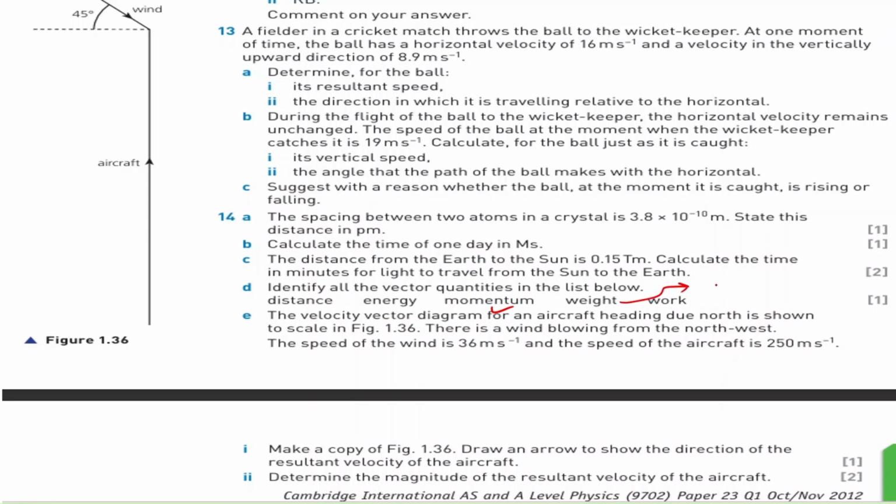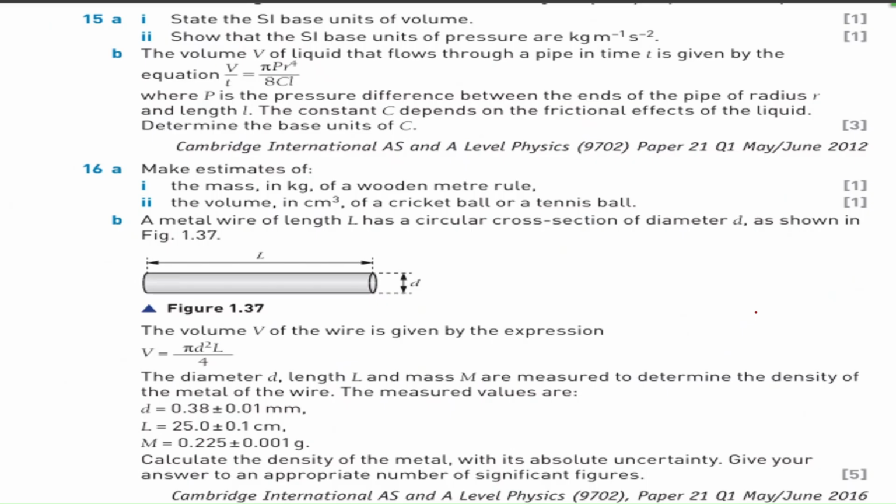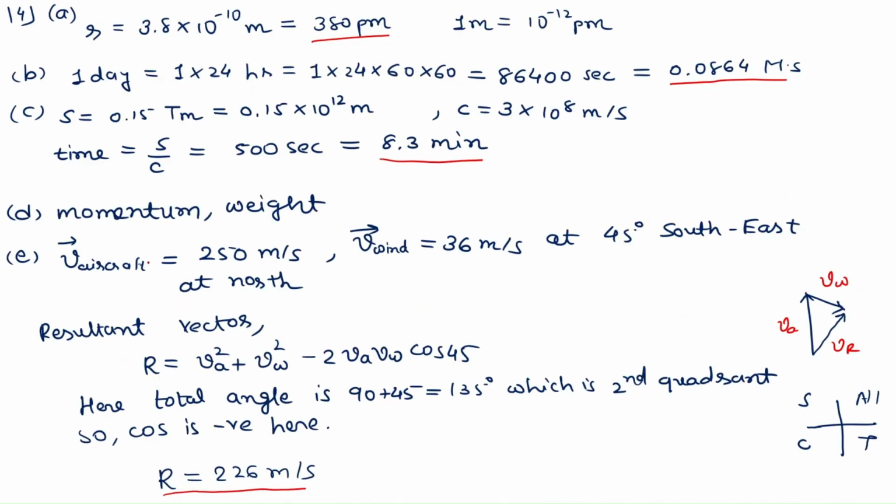In my first or second video, I mentioned weight is also a vector quantity, which is W equals mg, and its unit is Newton. Now work also has the unit joule, and it is not a vector quantity, meaning it is a scalar quantity. Now our answer is momentum and weight.